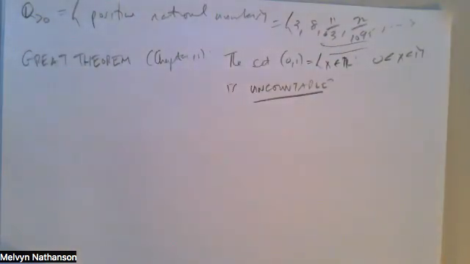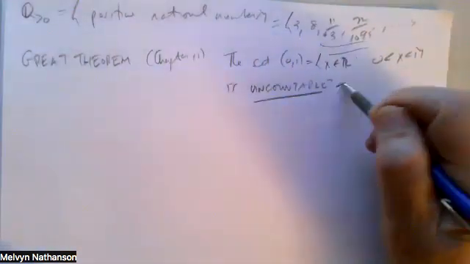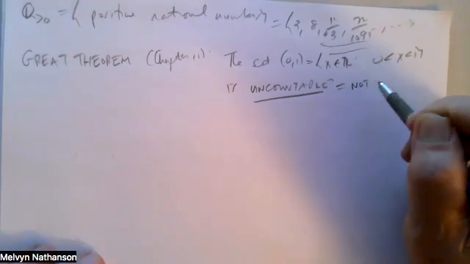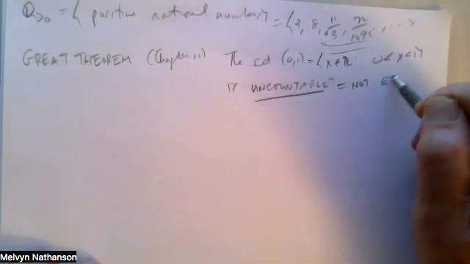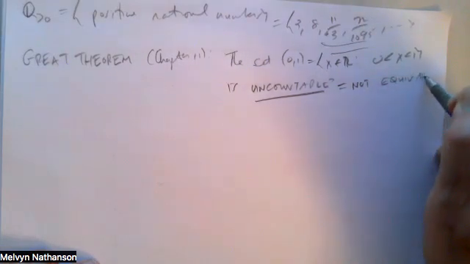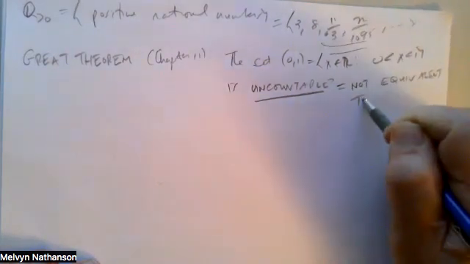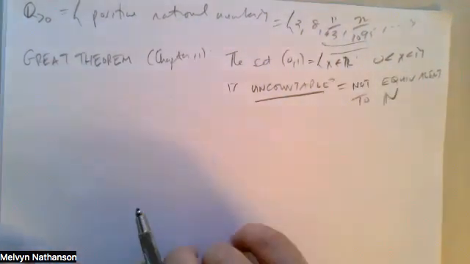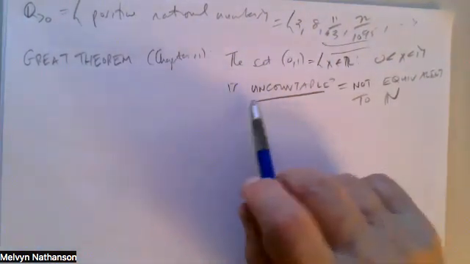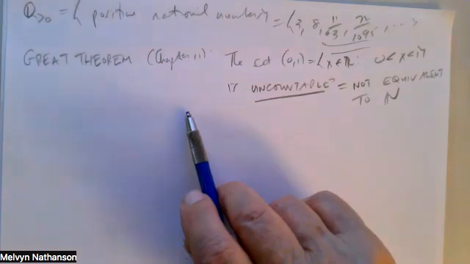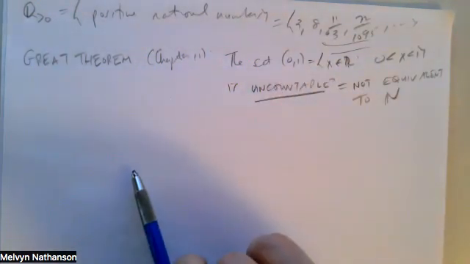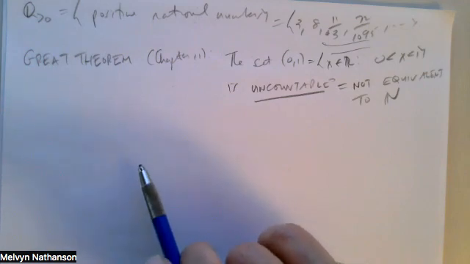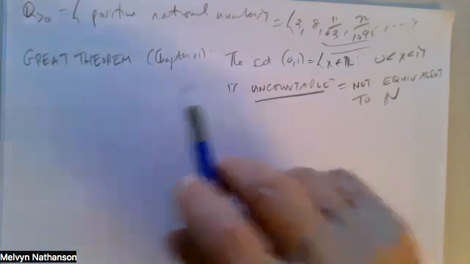And uncountable means not equivalent to the set of positive integers. There's no way to make a list of all the real numbers between 0 and 1. So there's a first one, a second one, and a third one, and so forth.